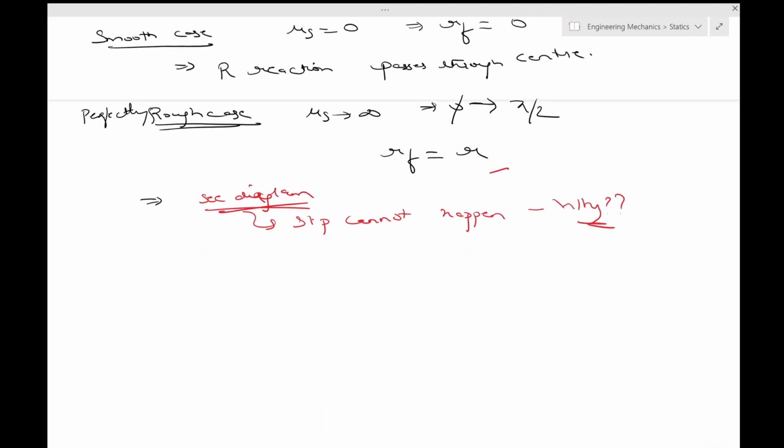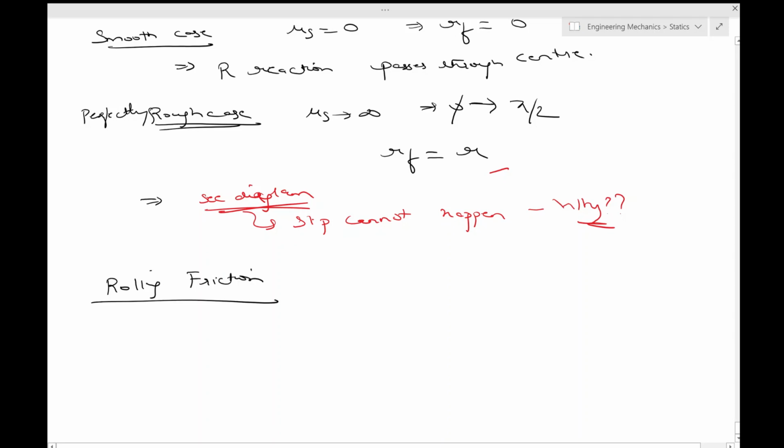And finally, for the sake of name, I should mention rolling friction, which you will learn using the solved examples in your text. Actually, even for the journal bearing, you have to learn the solved example, how to solve a statics problem in mechanics for rolling friction.